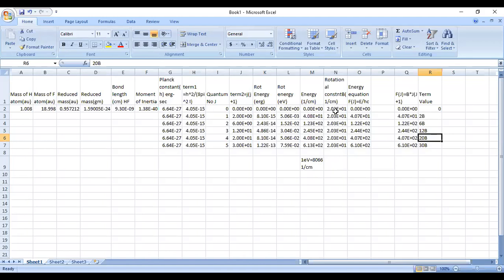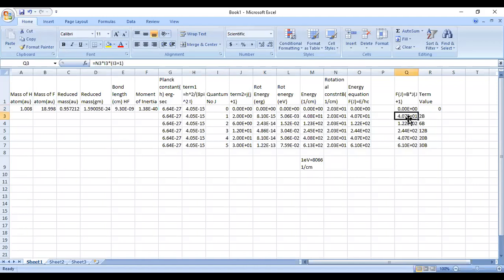Please concentrate on this: of course, the rotational constant is constant for all the rotational levels. Once you know the rotational constant, you can compare your term values. I mean to say that for the j equal to 0 rotational energy level, the term value is 0.